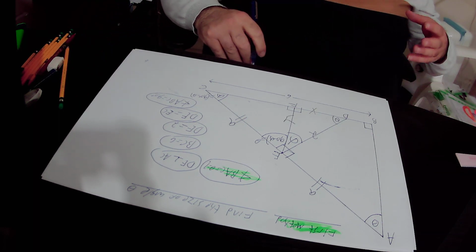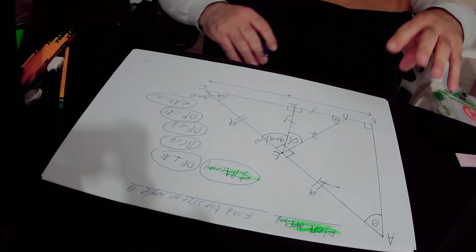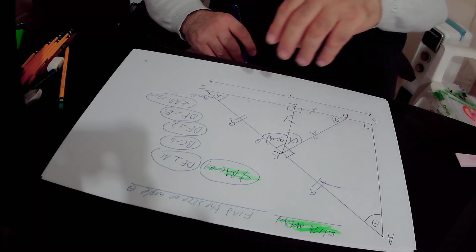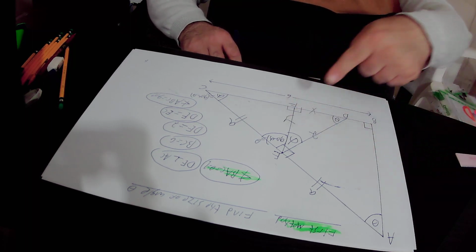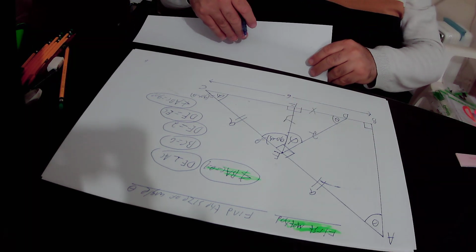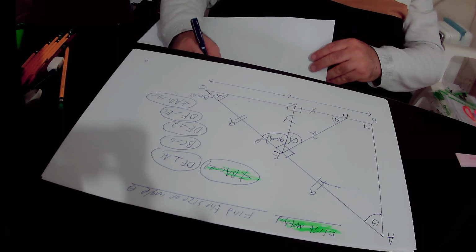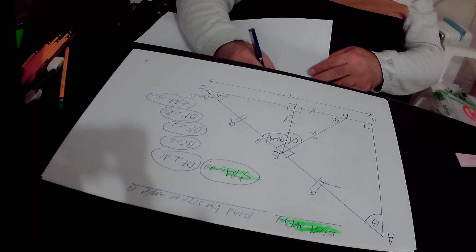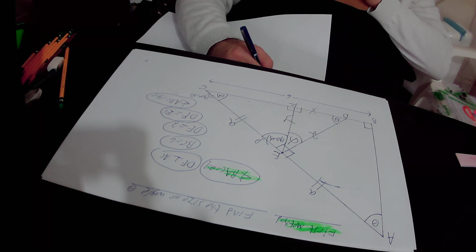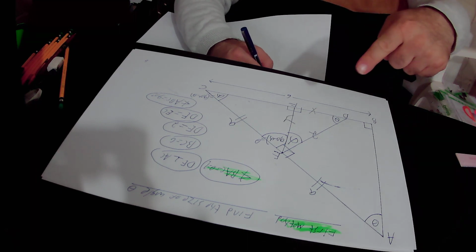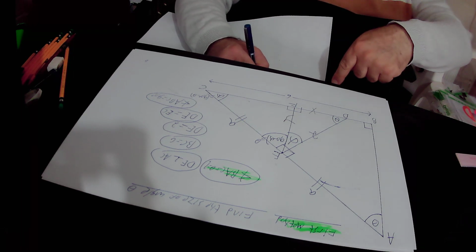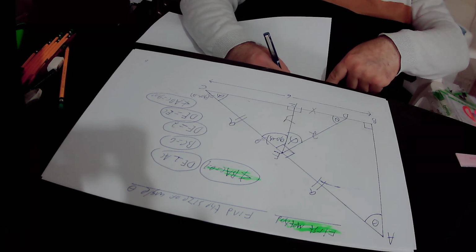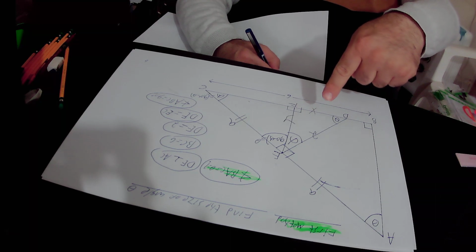Okay? What we can derive from the fact that the right triangle ABC is similar to the right triangle EFC, we will derive that AB over AC is equal to EF over FC.